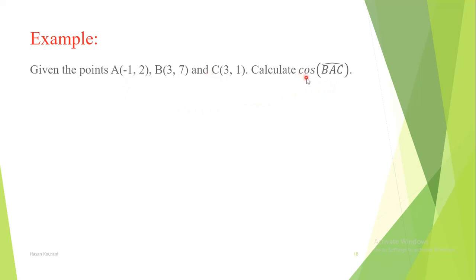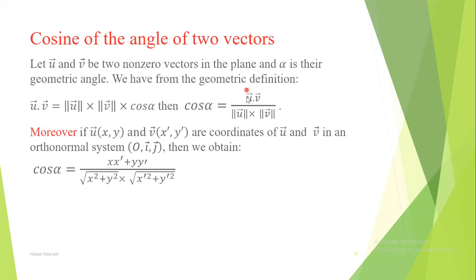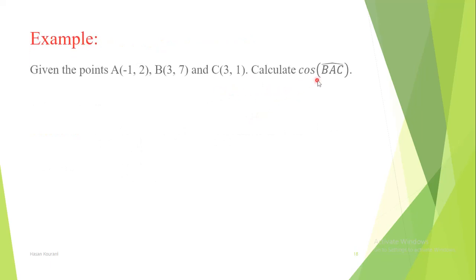As we saw before, the cosine of the angle is the scalar product of vectors over the magnitude of this times the magnitude of this vector. Now, your mission is to find the suitable vectors required to calculate this cosine BAC. Which vectors are suitable in this case?